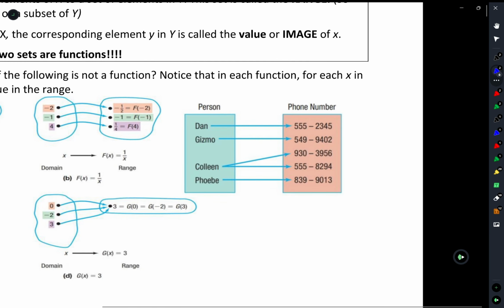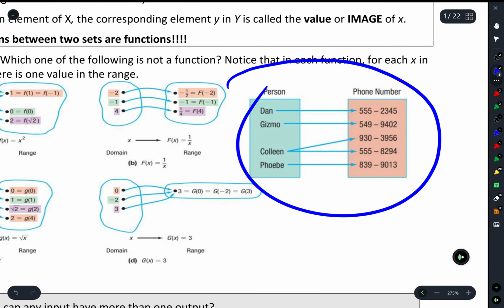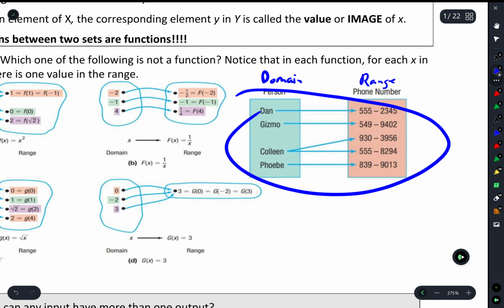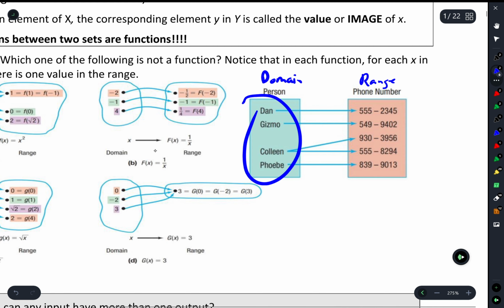Let's look at this example right here. This again is the domain, and this is the range. And you notice for a function, it doesn't actually have to be specifically numbers that you plug in. It could be any sort of information.